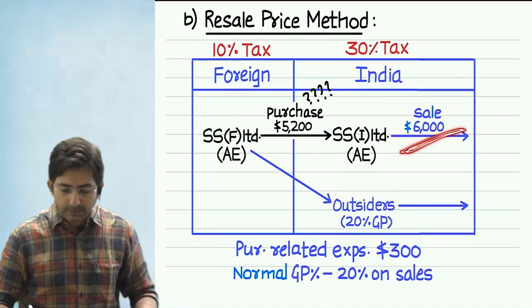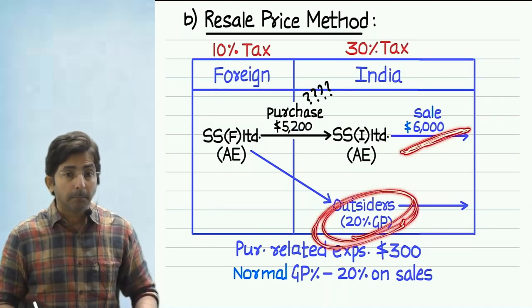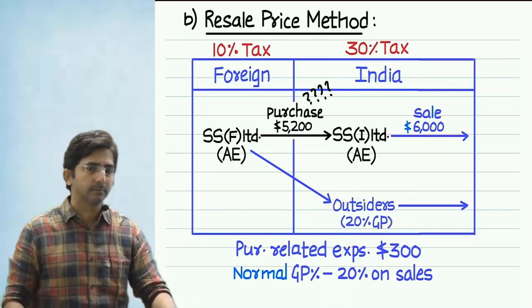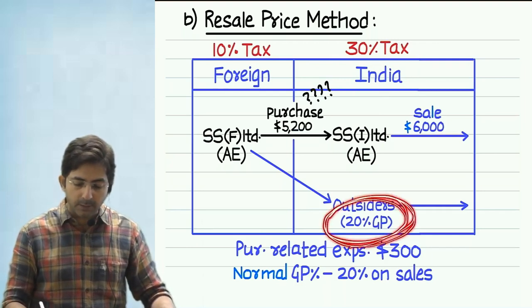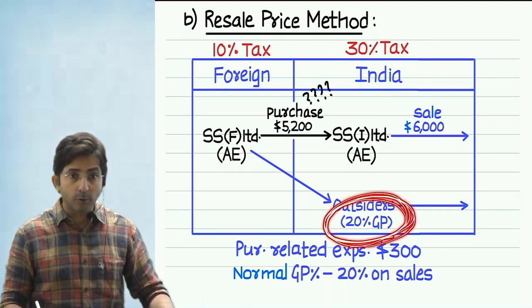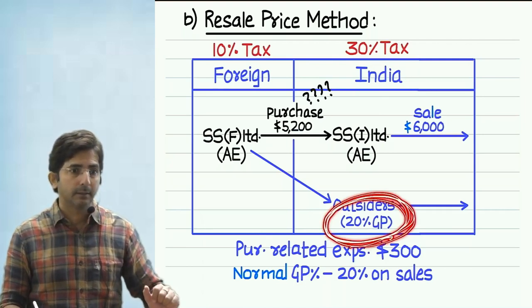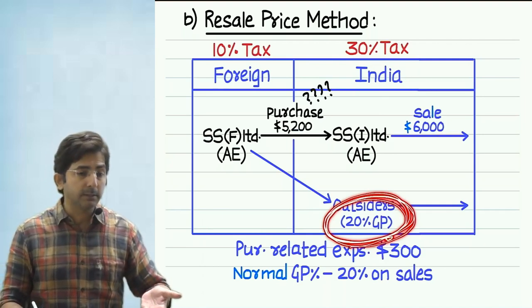That in this $6,000, first we deducted the standard GP margin. But sometimes in that standard GP margin, you can find varieties. It's not necessary that everyone is having a GP margin of 20%. Here also you can expect varieties. Means some outsiders are having a margin of 20%. Some are having a margin of 15%. Some are having a margin of 18%.